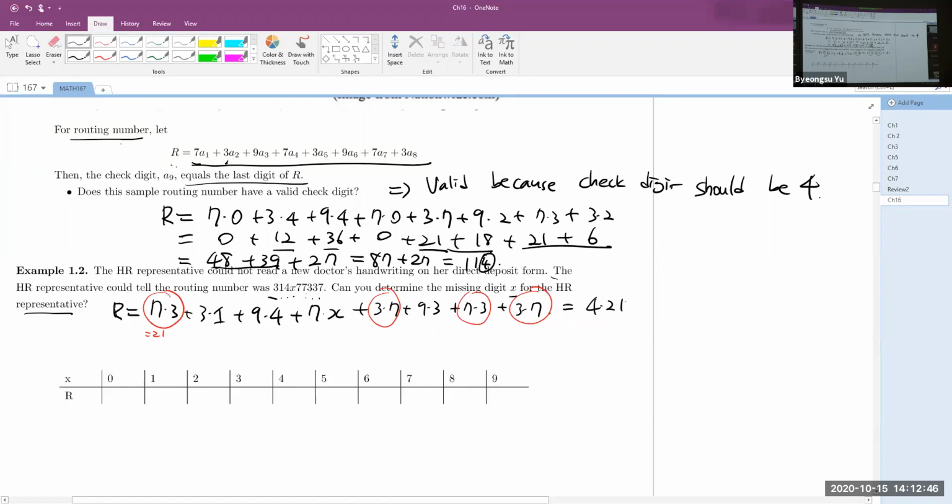So 4 times 21 plus the other numbers. So it is 84 plus 66 plus 7x. So this is 150 plus 7x, right?